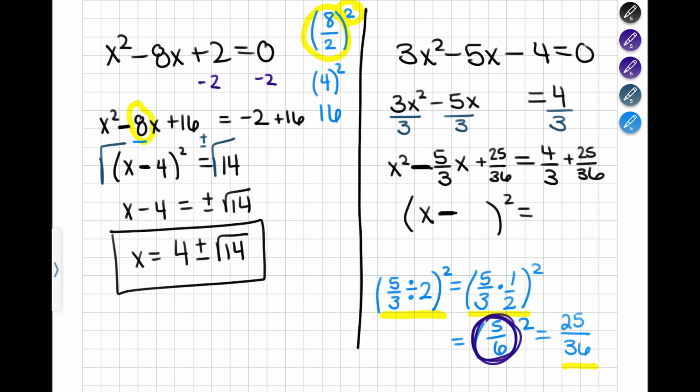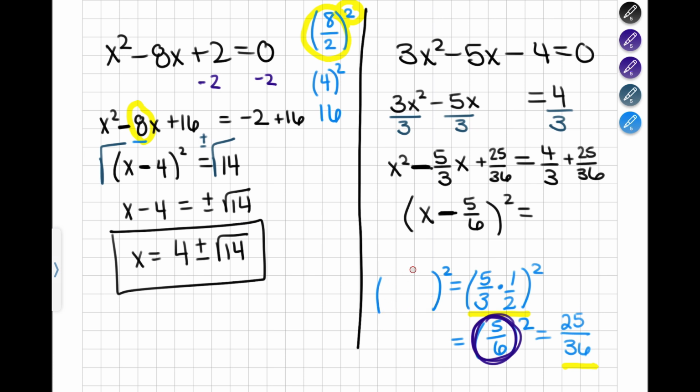In this case, it'll be 5 over 6. That's because if you FOIL this out, you would get 5 over 6 times 5 over 6, and that gives you the 25 over 36. 5 over 6 plus 5 over 6 gives you the 5/3.